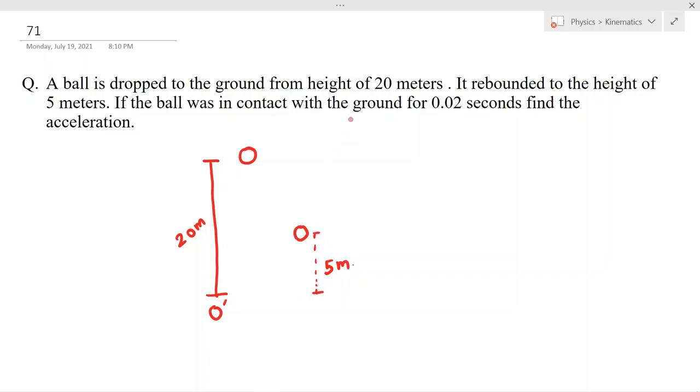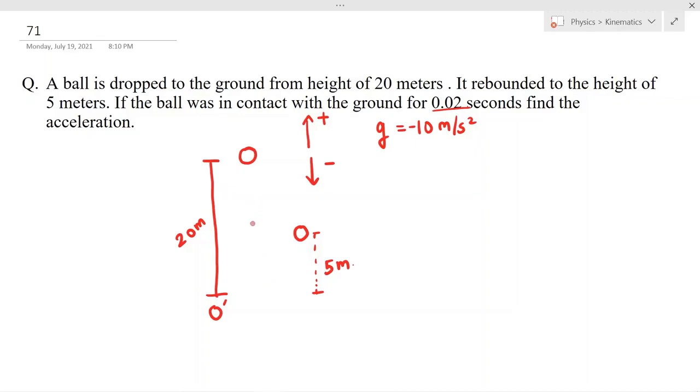This is the origin. Now let's take our upward direction as positive and the downward direction as negative, and let's take g as 10 meters per second squared, and it will be minus because it is pointing downwards. Now they have asked us to find the acceleration of the ball. It is mentioned that it was in contact with the ground for 0.02 seconds.